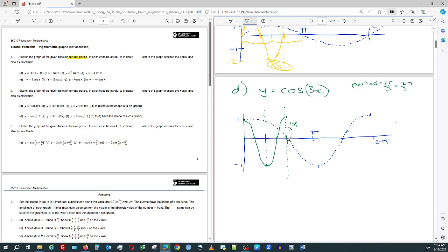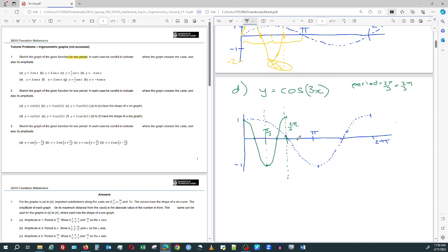Half of 2/3 of pi is what? 2 on 6 is 1/3. Pi on 3. Well, that makes sense.